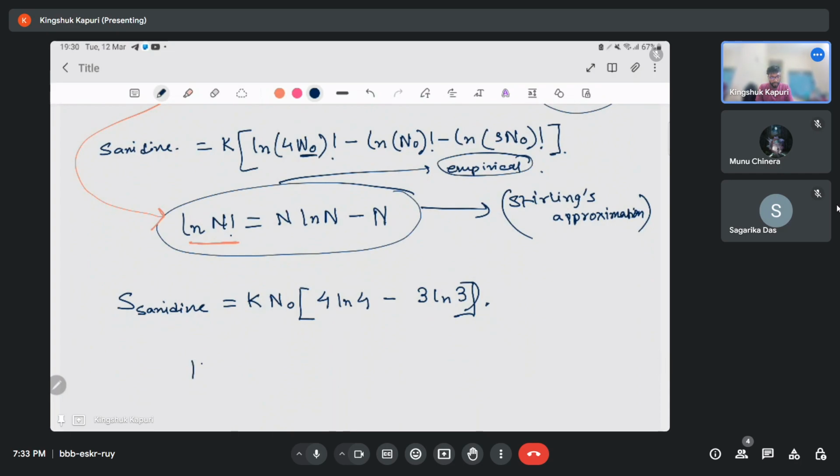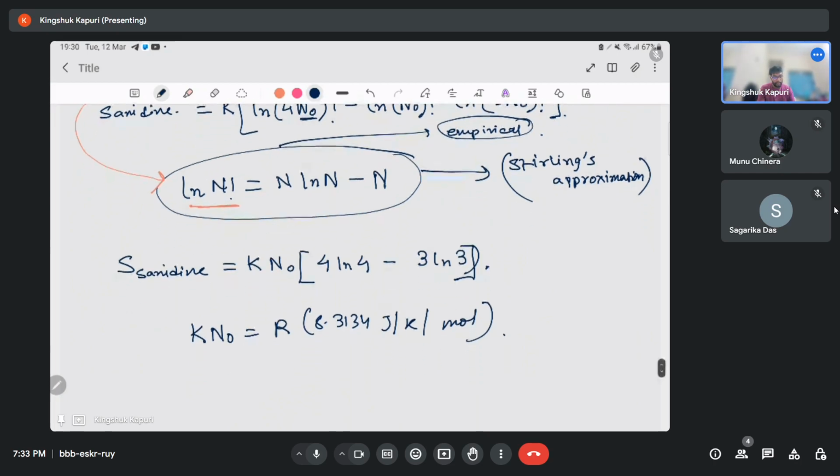Now k times N naught equals R, that is 8.3134 joule per kelvin per mole, so k equals R by N naught, which we already knew.